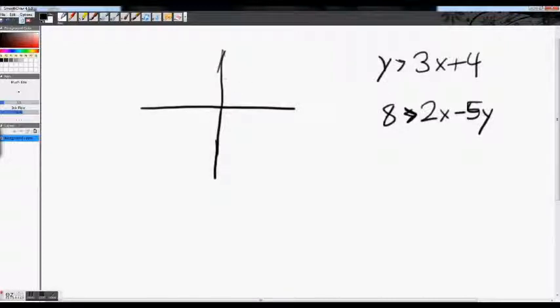Let's draw that. Okay, let's say this is 4. 3 plus 4 is 7. Put that around here. This line is here. I'm gonna have to dot this one.